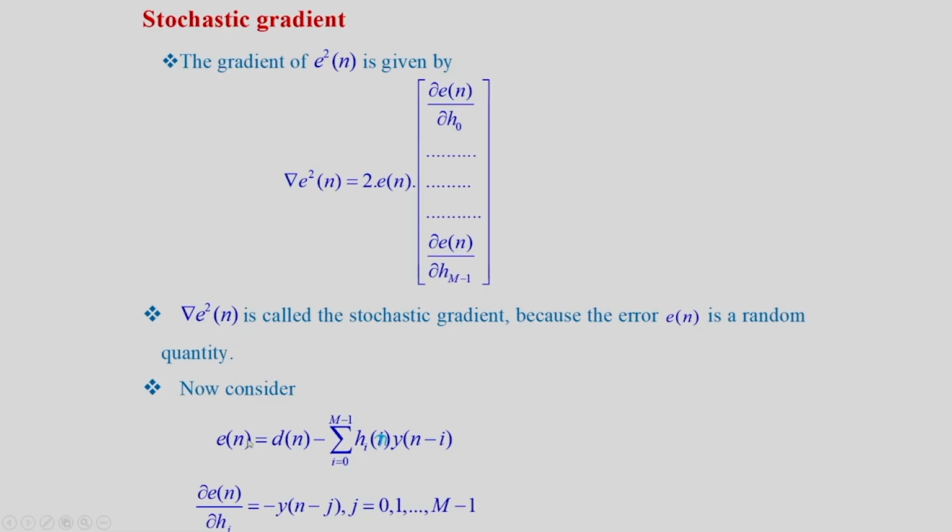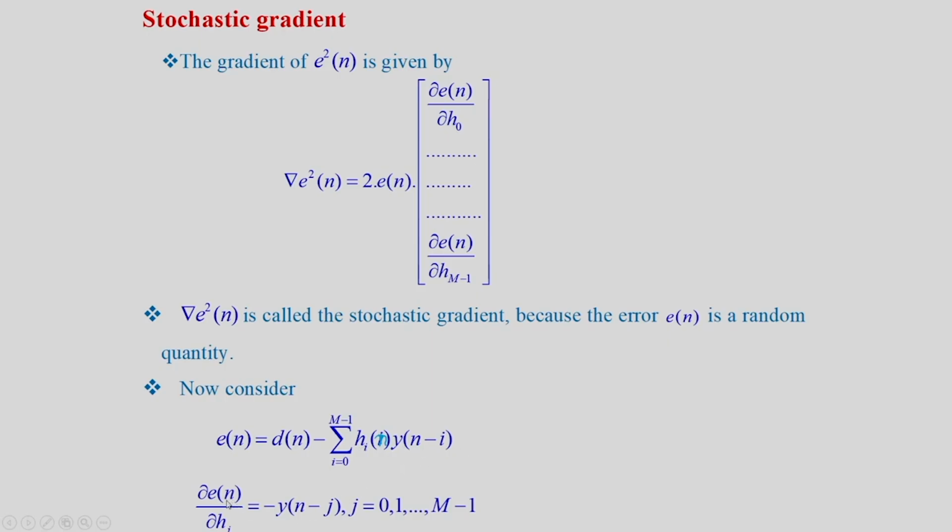Now, consider the error En, that is equal to dn minus the filtered output. The filtered output is the summation of hi into y of n minus i, with i going from 0 to m minus 1. This is the error signal. Now, taking the partial derivative, del En del hj is equal to, this negative sign is there, we are taking the partial derivative with respect to hj, so only y of n minus j will be there.